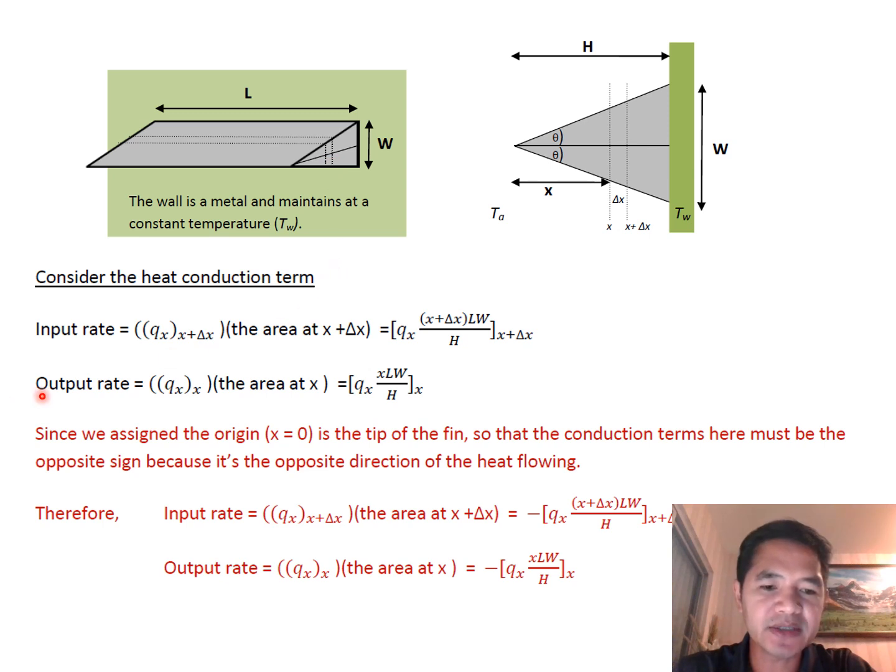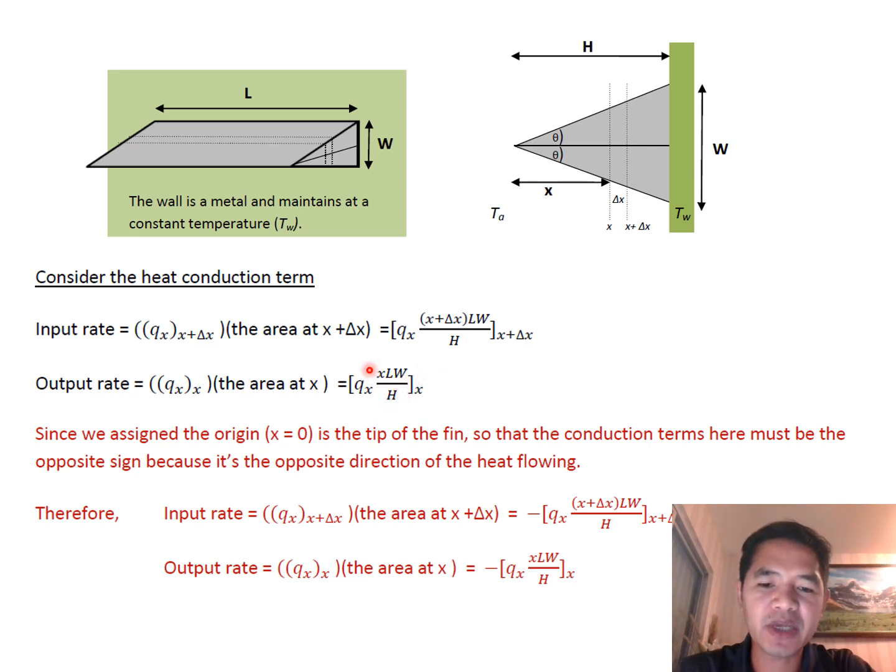And the output rate is the shorter one, the cross-section area at x. It's going to be q times the cross-section area at x, which is L, the same because the length is the same, times the shorter width, which is equal to x times W over h.